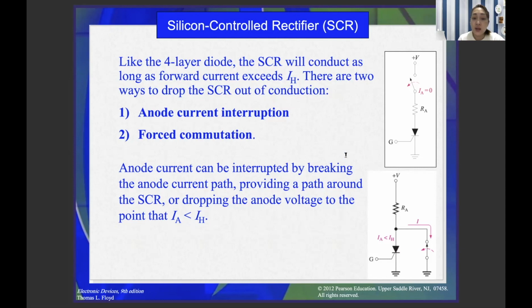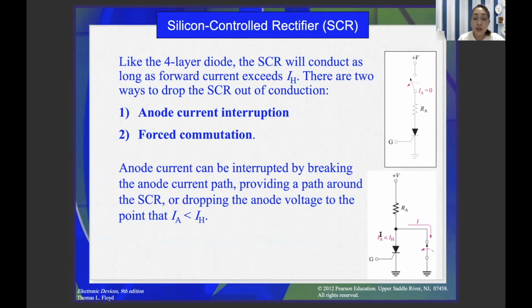Our typical turn off of the SCR is the anode current interruption, where we lower the supply voltage across the anode to cathode.